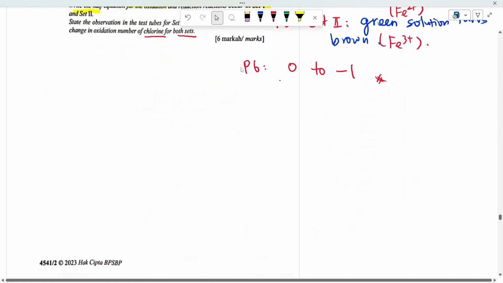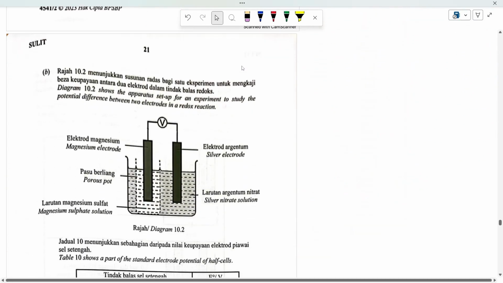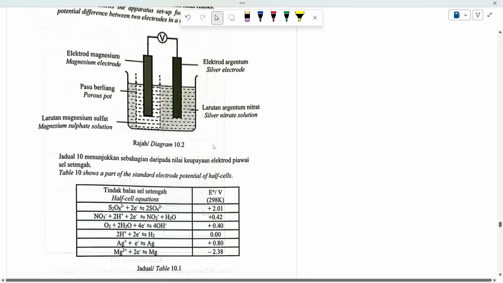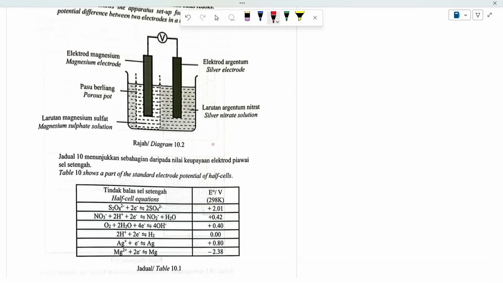Now we go to B. The diagram shows apparatus to study the potential difference between 2 electrodes in a redox reaction. So class, here we have 2 electrodes.